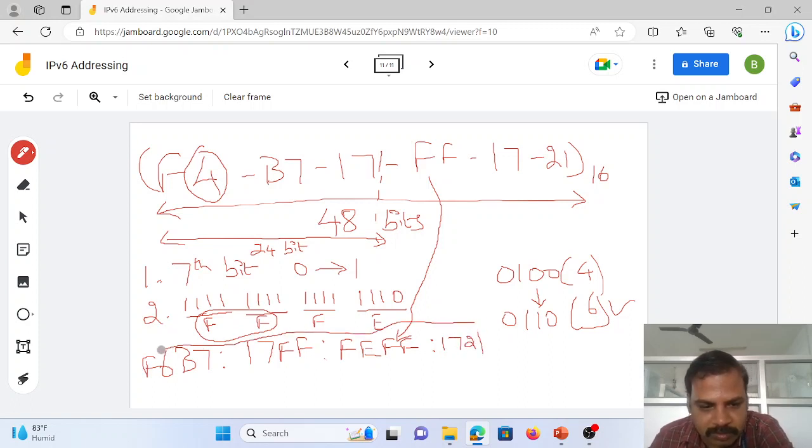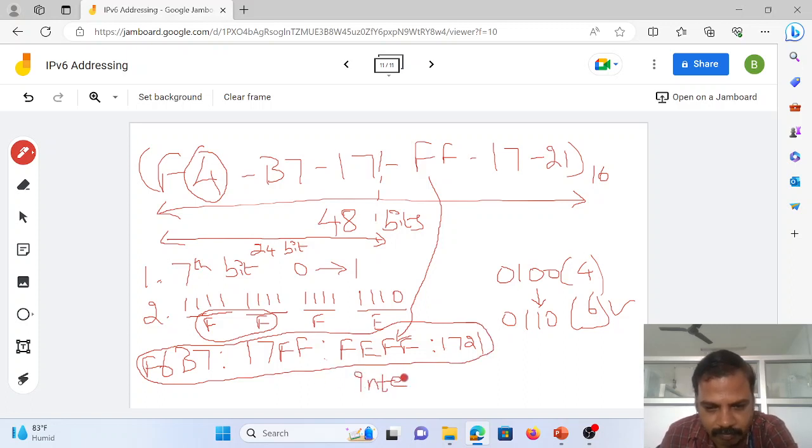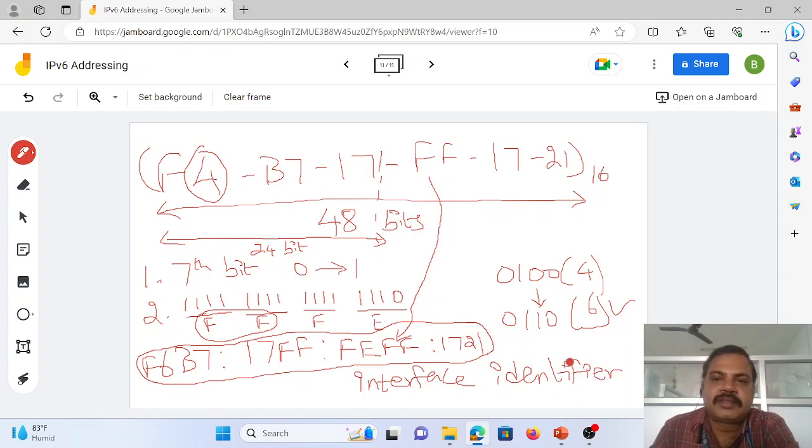Now this number is the interface identifier. And we have derived the interface identifier from the Ethernet address or MAC address.